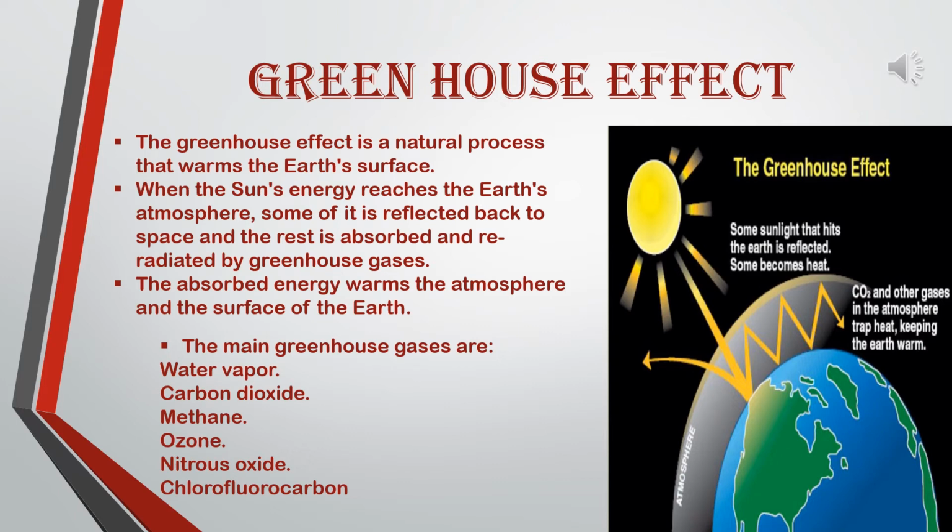The absorbed energy warms the atmosphere and the surface of the Earth. The main greenhouse gases are water vapor, carbon dioxide or CO2, methane or CH4, ozone or O3, nitrous oxide or N2O, and chlorofluorocarbon, that is CFC.